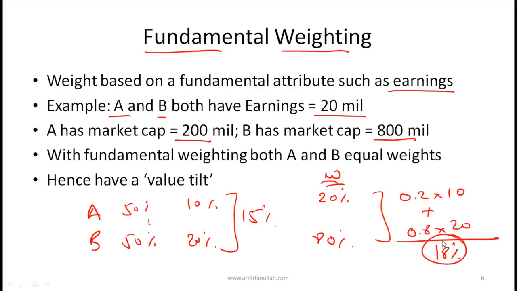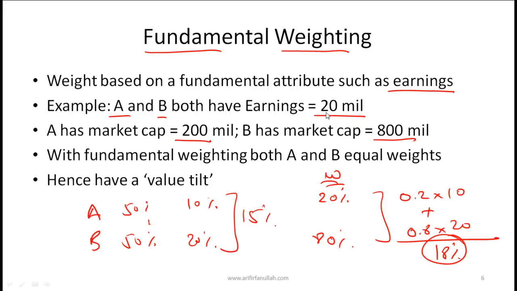So notice that with a market capitalization based weightage system, we give a much heavier weight to stock B, which has a higher market capitalization, even though B has the same earnings. Another core point here is that A is a better value stock.